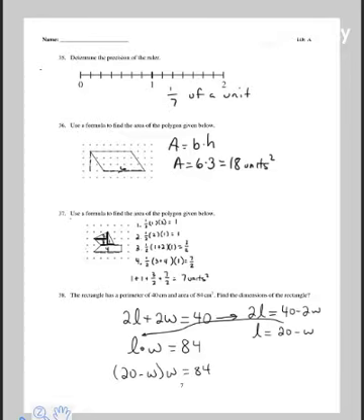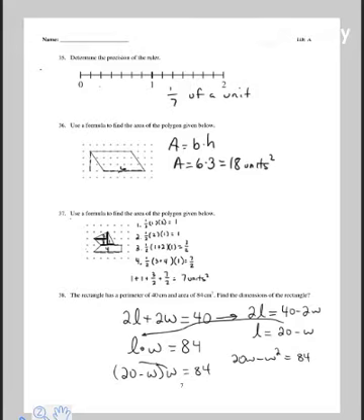So this is a challenging problem. This is a quadratic equation to solve now. If you distribute the W into the parenthesis, you're going to get 20W minus W squared equals 84.